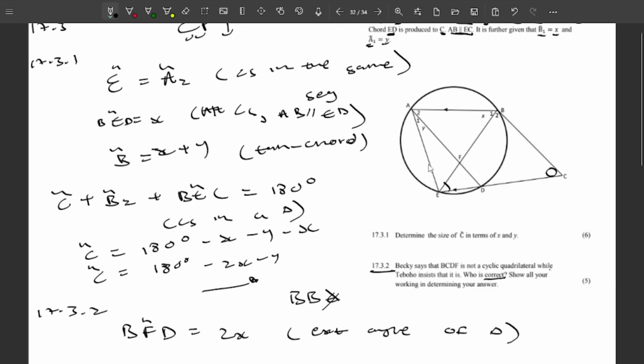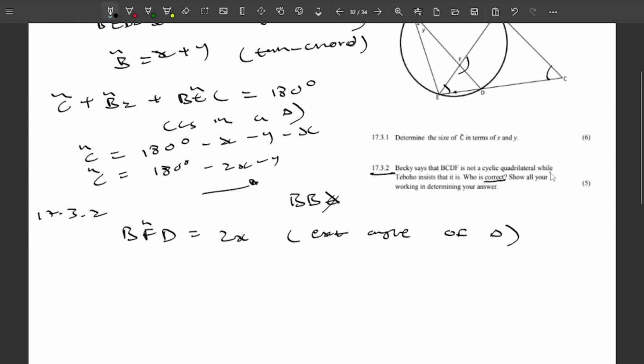Now, since we have written that, we now have this angle here. Now, remember that we have angle C that we have proven before. Now we just have to add them and see if they can give us 180. If they don't, then this is not a cyclic quad. Let's do it right now. So we're going to say angle BFD plus angle C must equal 180 degrees.